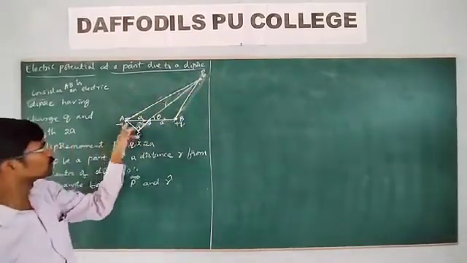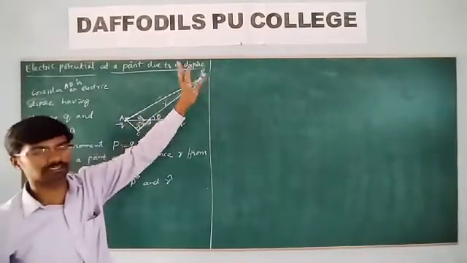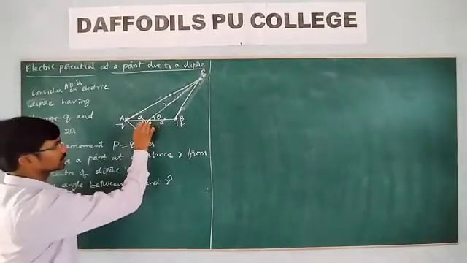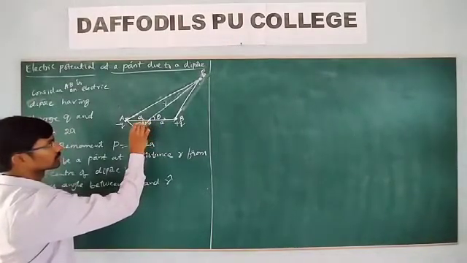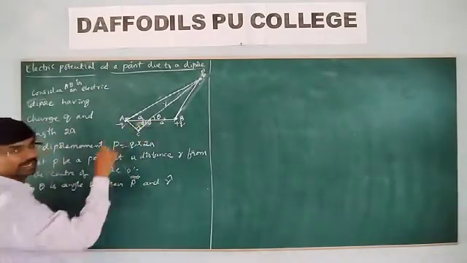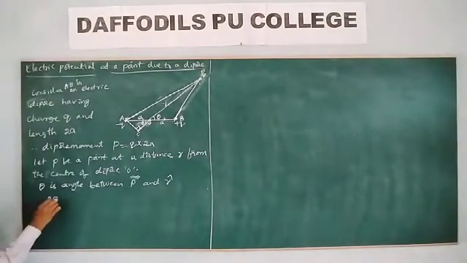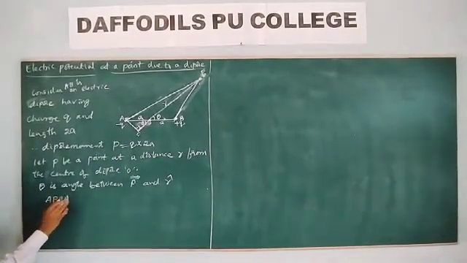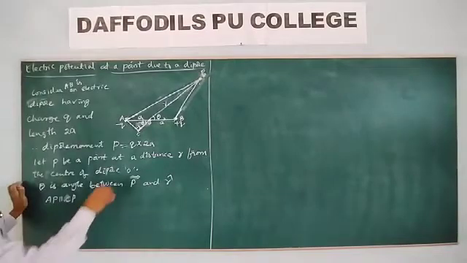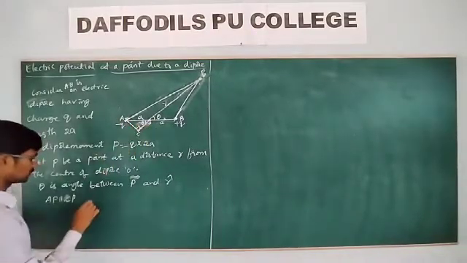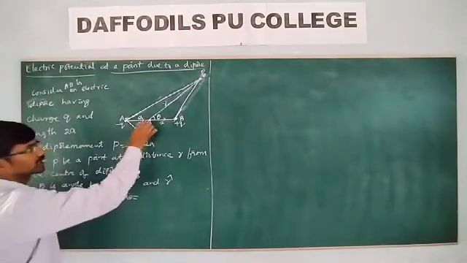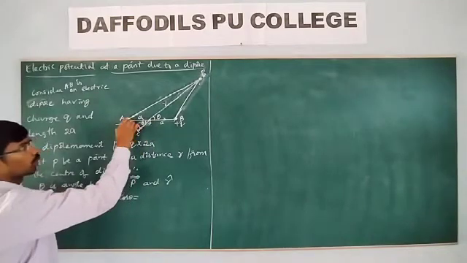Now we calculate the potential at P: first the potential due to the charge at this point and the potential due to the charge at this point. But before that, this is also theta, and AB is parallel to CP, so AB is almost equal to CP. From triangle AOC, can you tell what is cos theta? Cos theta is equal to OC by OA.